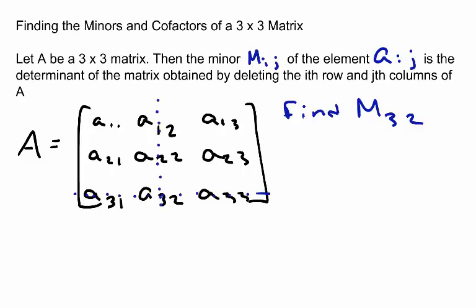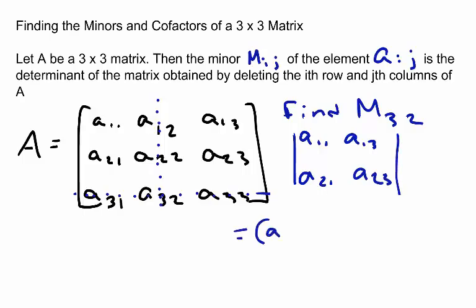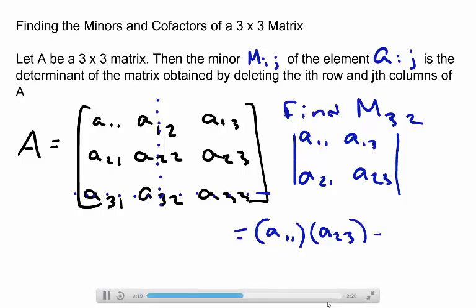So we block out our third row and second column and obtain the determinant of the remaining 2x2 matrix. So A 1,1 times A 2,3 minus A 2,1 times A 1,3.